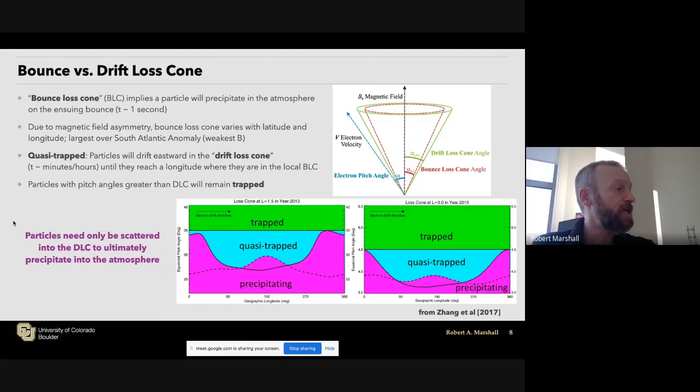The important takeaway from this is that particles actually only need to be scattered into this drift loss cone to ultimately be precipitated into the atmosphere. They might not be scattered into the local bounce loss cone, but if they're scattered into the drift loss cone, which is a single value around the Earth, they can still be lost.